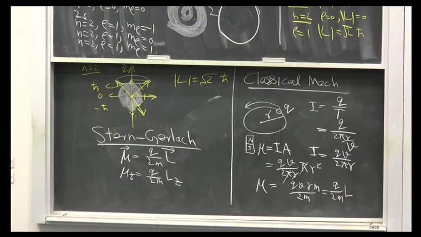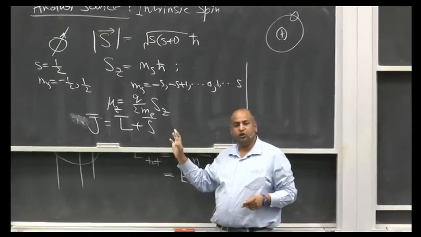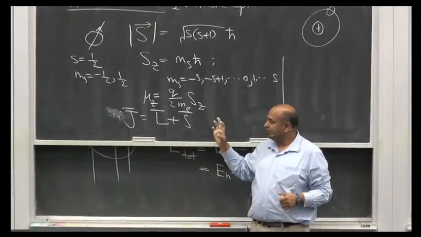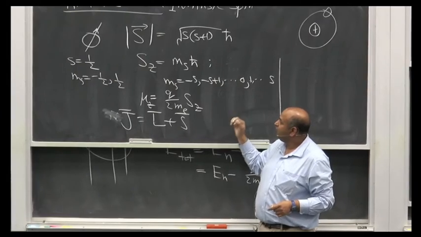And mu SZ, now I have not told you how the spin angular momentum is related to the magnetic dipole moment of the electron. So this is angular momentum, and for its magnetic dipole moment, unfortunately there is no classical counterpart whose result I could derive and tell you that it is also true in quantum mechanics.